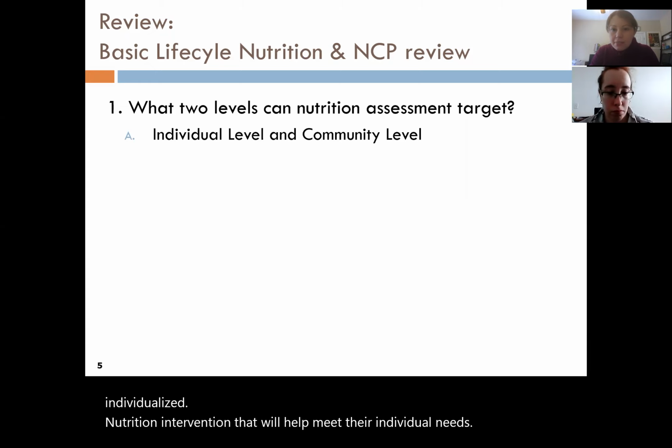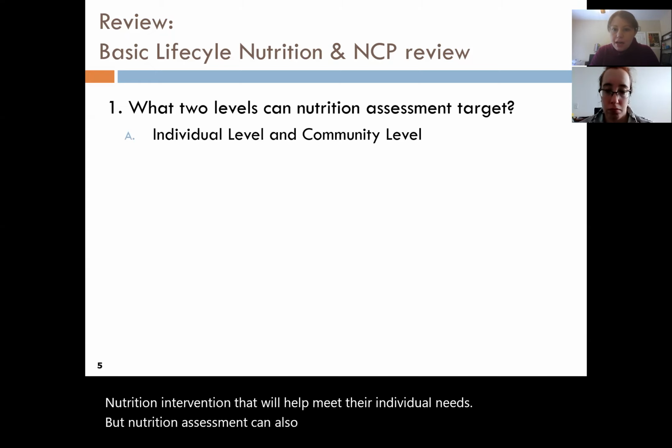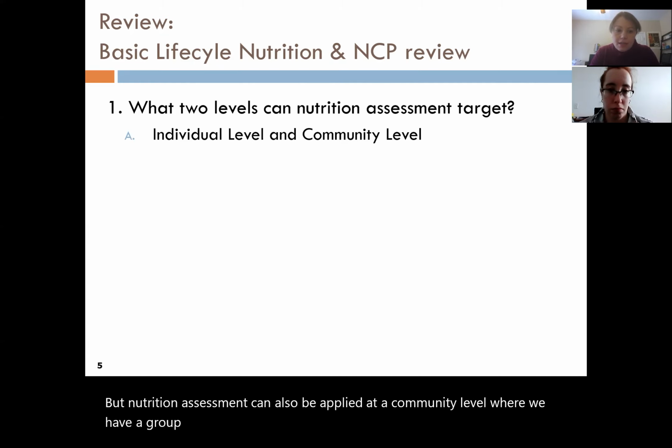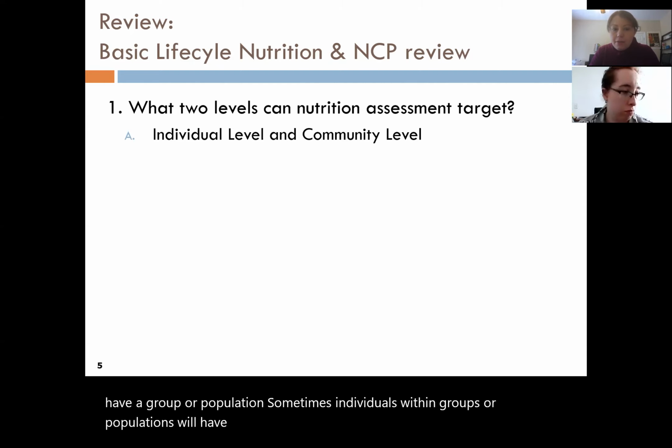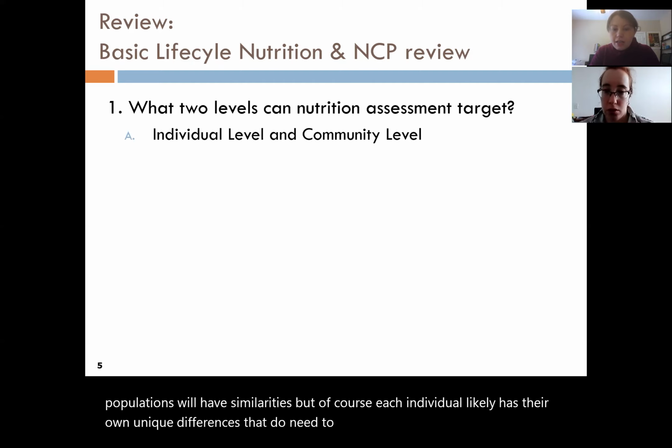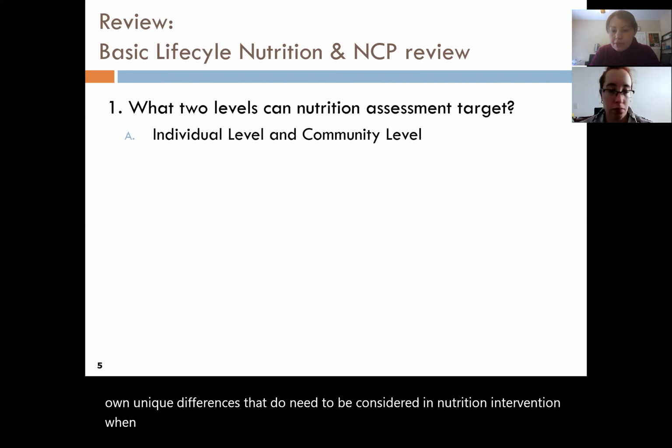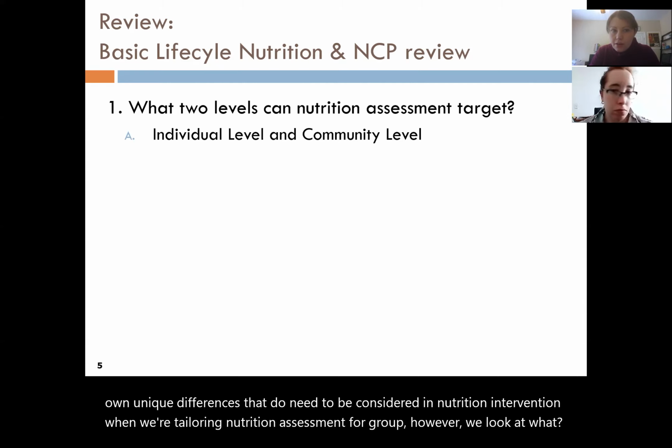But nutrition assessment can also be applied at a community level where we have a group or population. Sometimes individuals within groups or populations will have similarities, but of course, each individual likely has their own unique differences that do need to be considered in nutrition intervention. When we're tailoring nutrition assessment for a group, however, we look at what overall group nutrition needs are.